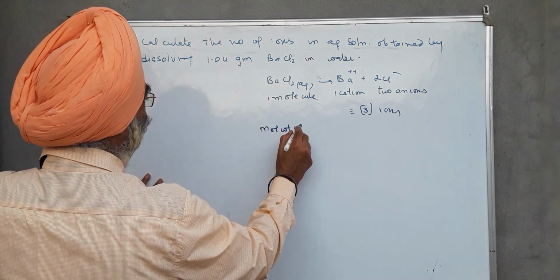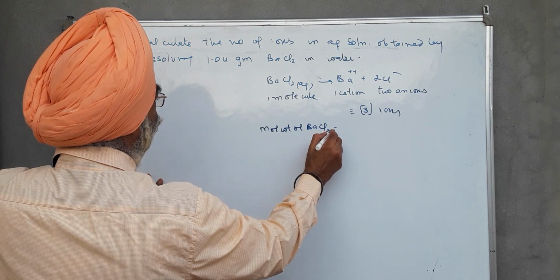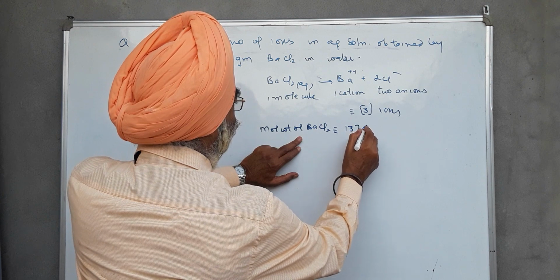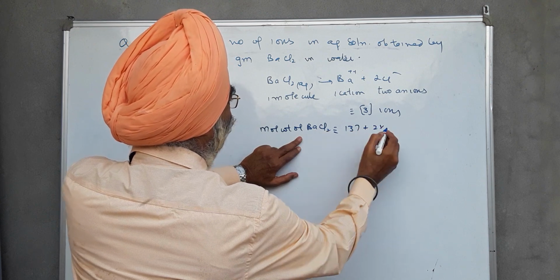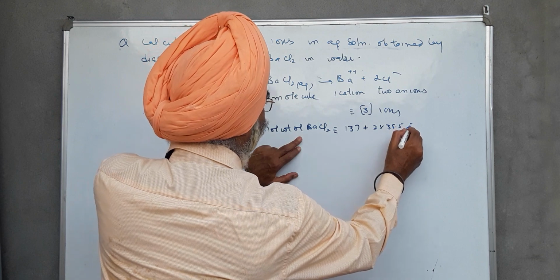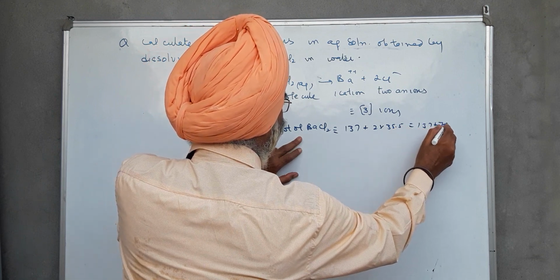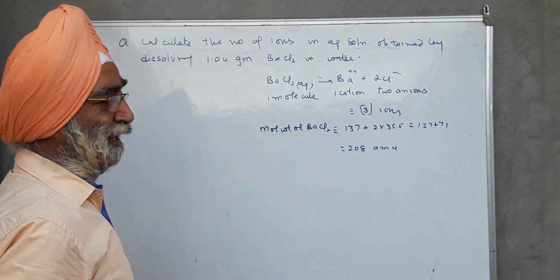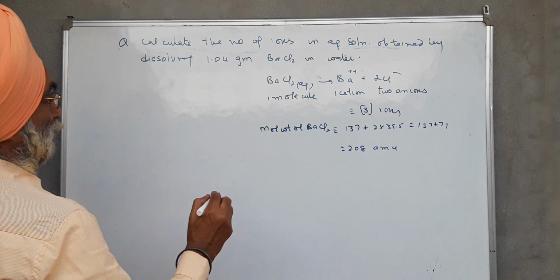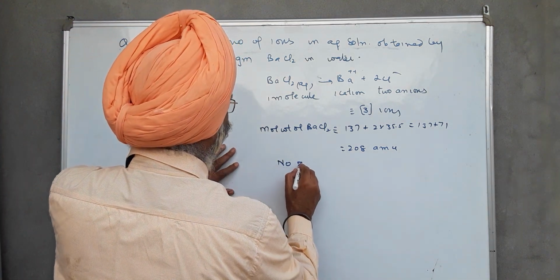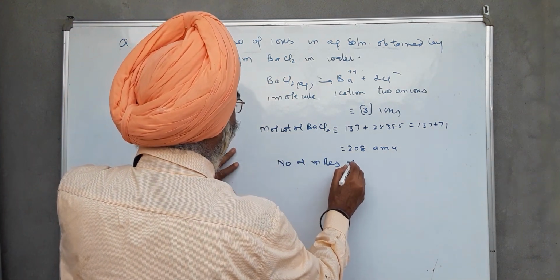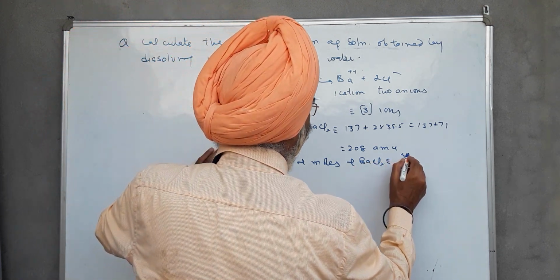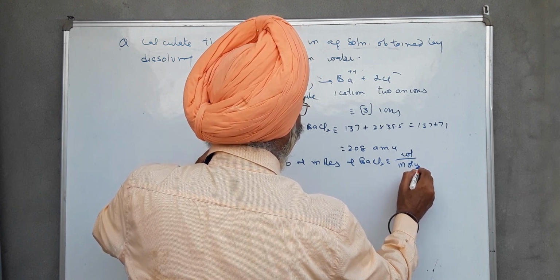Molecular weight of barium chloride. Atomic weight of barium is 137. Chlorine, 2 into 35.5. 137 plus 71. This is 208 AMU. Number of moles of barium chloride is weight over molecular weight.